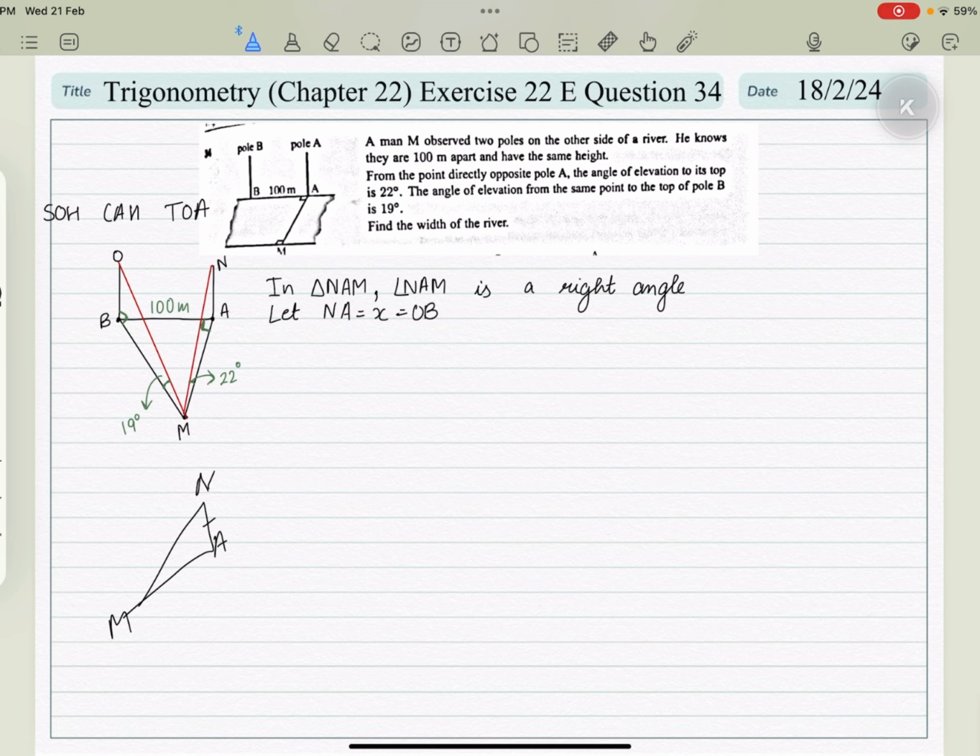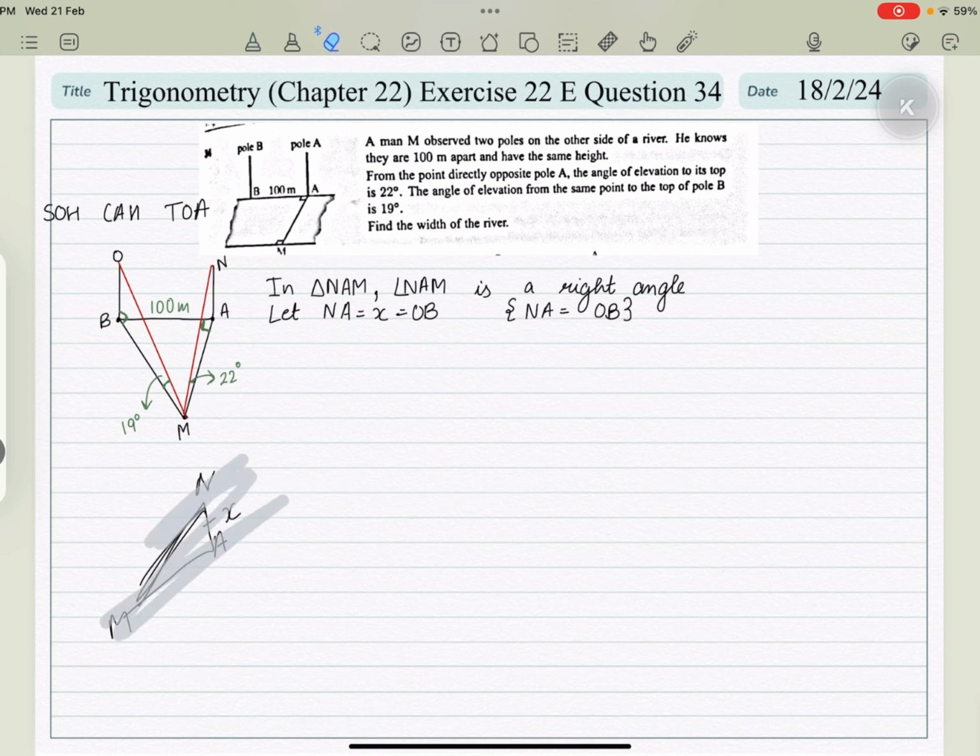By the way, I named O and N so as to make the problem simpler. NA is equal to OB because it's given. Now we know this is x, and we don't know MA.